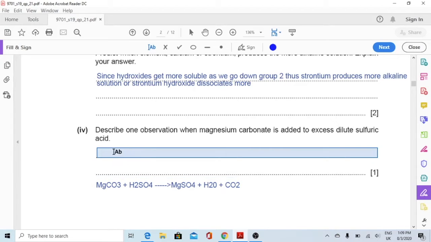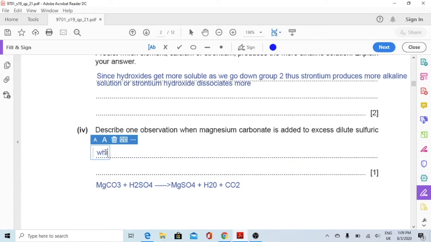So you can either write that white solid dissolves, because group 2 elements will always have a color of white. White solid dissolves, or you could even say that effervescence is given off due to carbon dioxide gas formed. Alright, so you can write either.